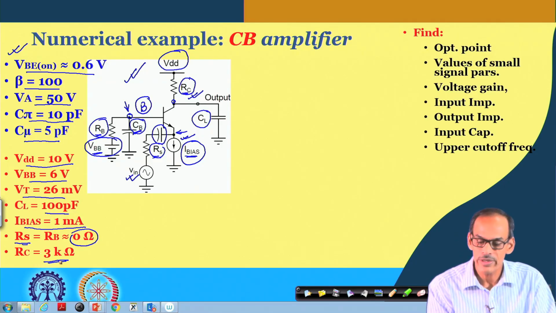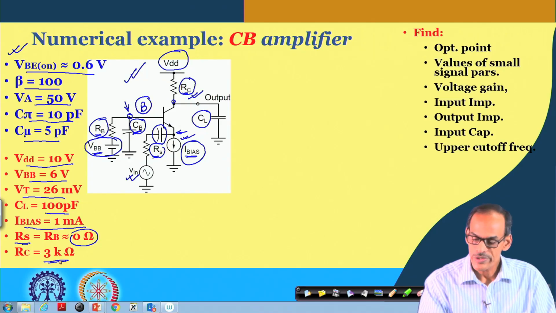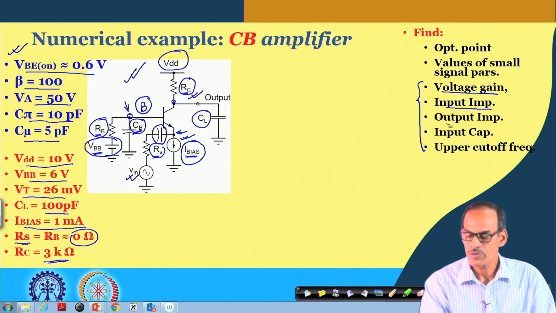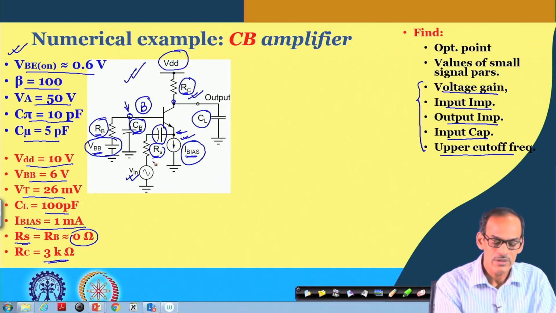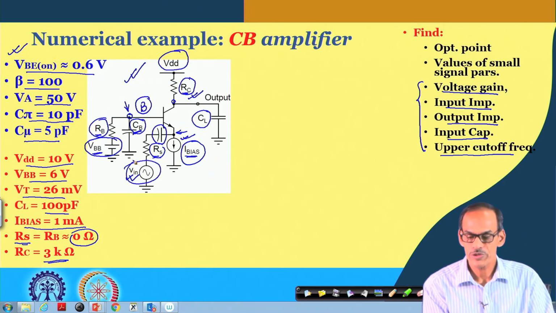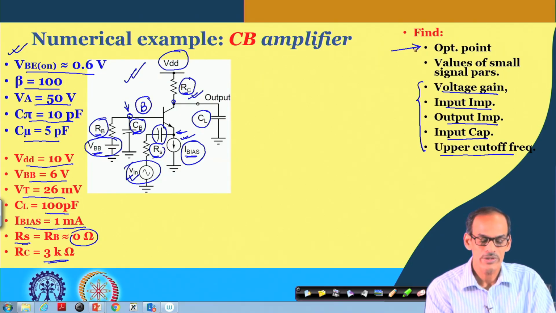So, how do we find the different performance metrics of this circuit, which are enlisted here, namely voltage gain, input impedance, output impedance, input capacitance, maybe upper cutoff frequency of the amplifier, while we are driving the signal in the form of voltage? How do we proceed? We can start with the operating point of the transistor.